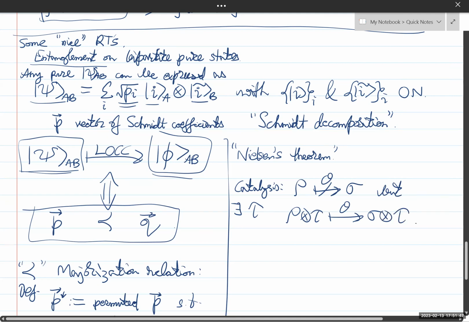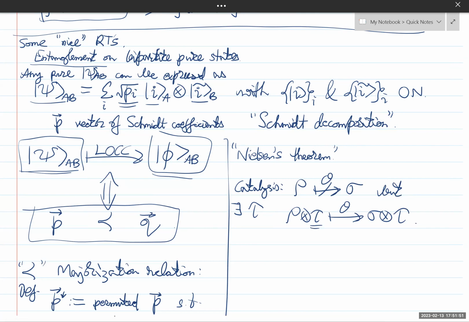So you can add another state tau, and there exists a free operation that takes you from rho tensor tau to sigma tensor tau, so that you haven't changed the state of this additional system. So you call this a catalyst, right?